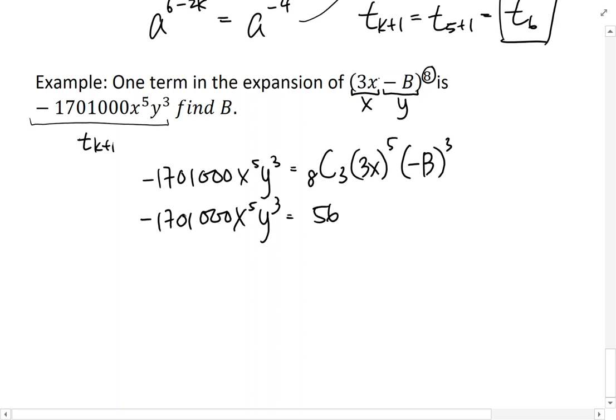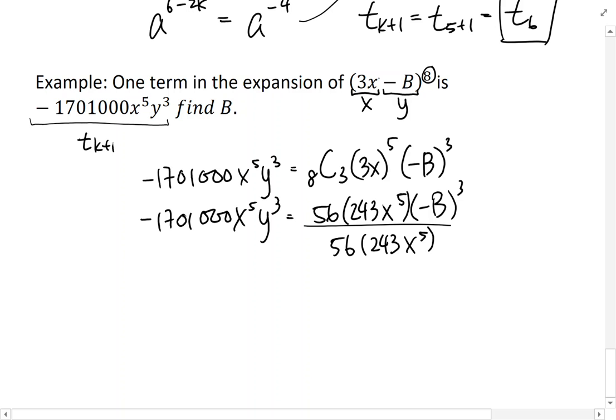So 3 to the 5 is 243 x to the 5, and we have negative b cubed. At this point, we're really just solving for b, so we could rearrange this. We're going to divide both sides by negative 56 times 243 x to the 5. That way we could isolate the b by itself.